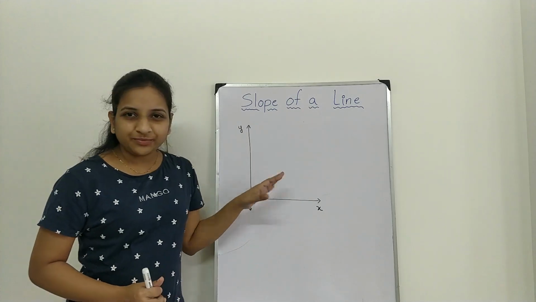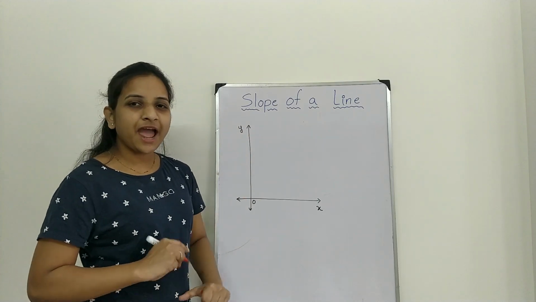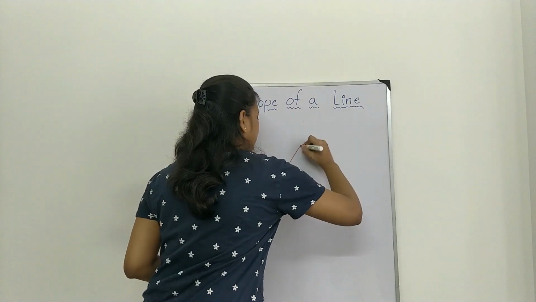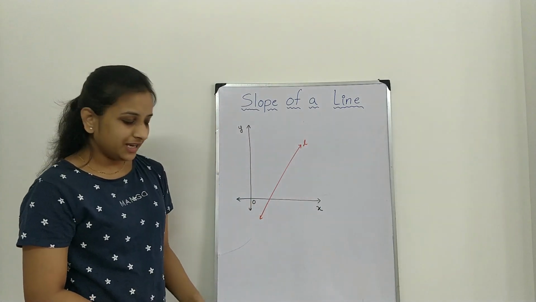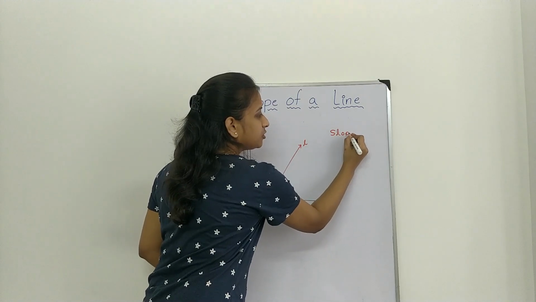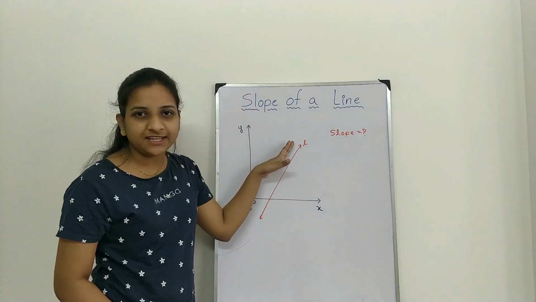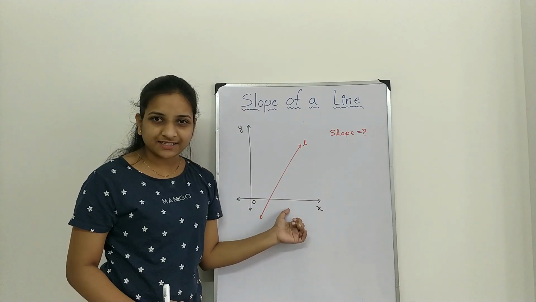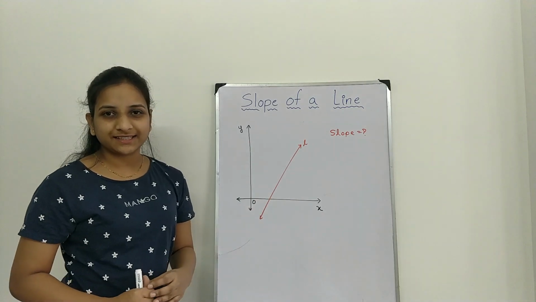In this Cartesian plane, this is x-axis, this is y-axis. Here I am drawing one line, say line L. Now what is the slope of this line? As you can see, this line intersects the x-axis, so it makes an angle with the x-axis.